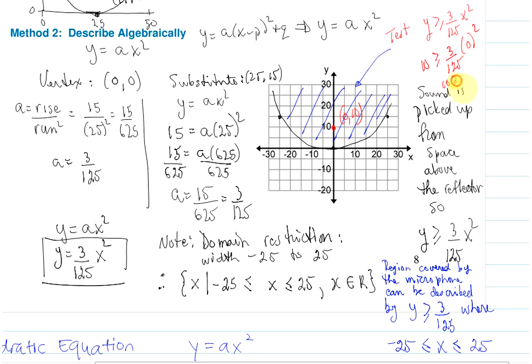So 10 is greater than or equal to 0. Is that true? Yes, it is, because 10 is greater than 0, so we know that our shaded region is correct, and so our inequality is correct. And I think we've done everything. We've described the region that can be covered with his microphone, we have graphed it, and written a domain restriction. Yes, we're done.